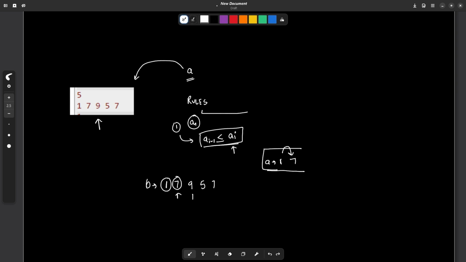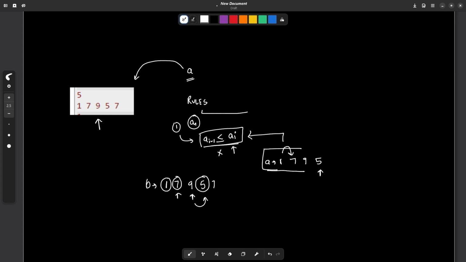1, 7. Now for the next number, again it is greater than or equal to, so I can put 9 here. Now I see that this particular number is less than the previous number. So 5 could not have been here, right? Because if 5 was like this, then definitely this would violate the condition, because now A of I is less than A of I minus 1.